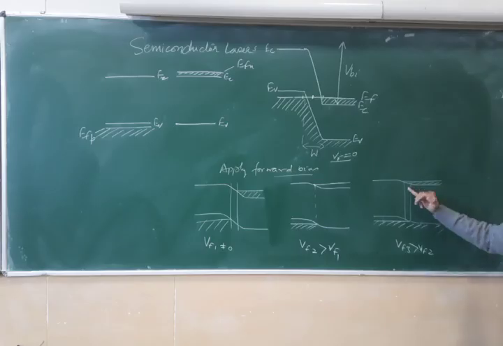So you have higher states filled and lower states empty, meaning higher states have more population and lower states have less population. It's a kind of population inversion. And when this situation happens, what will happen? Electrons from the conduction band will fall down to vacancy holes in the valence band near the junction, and we expect that during this transition energy should be released in the form of radiation.